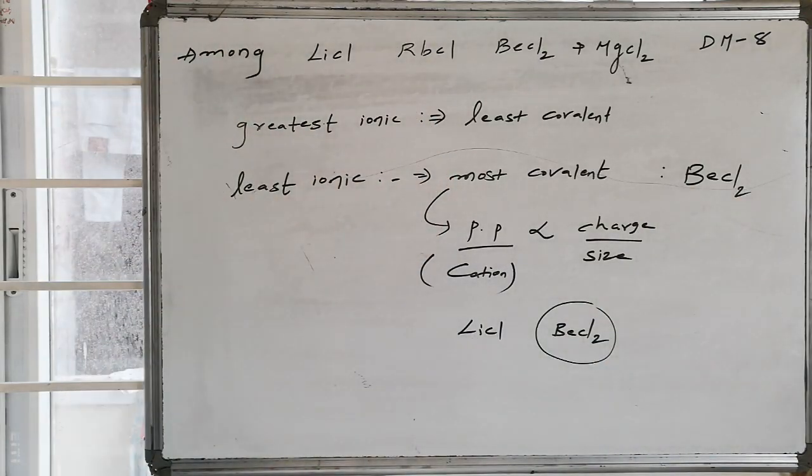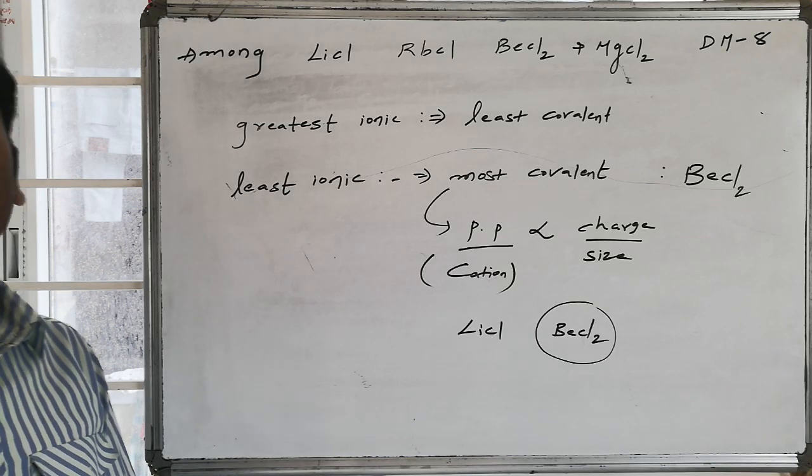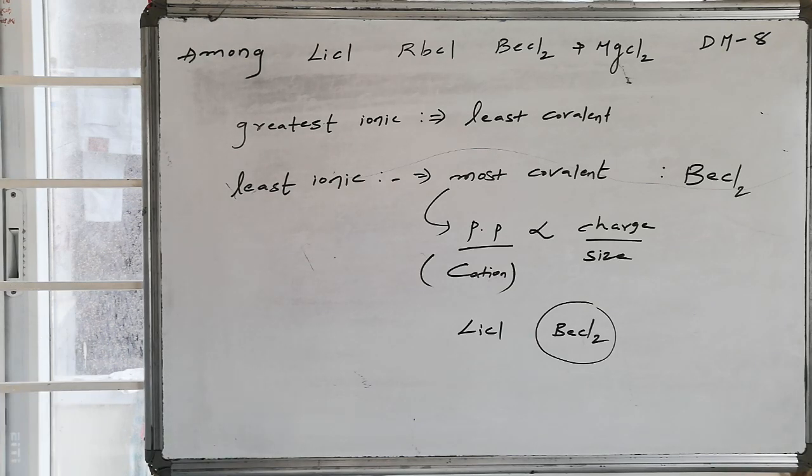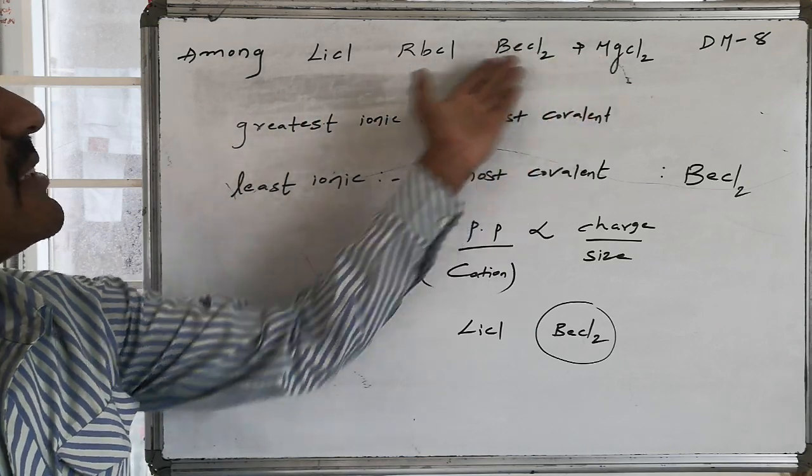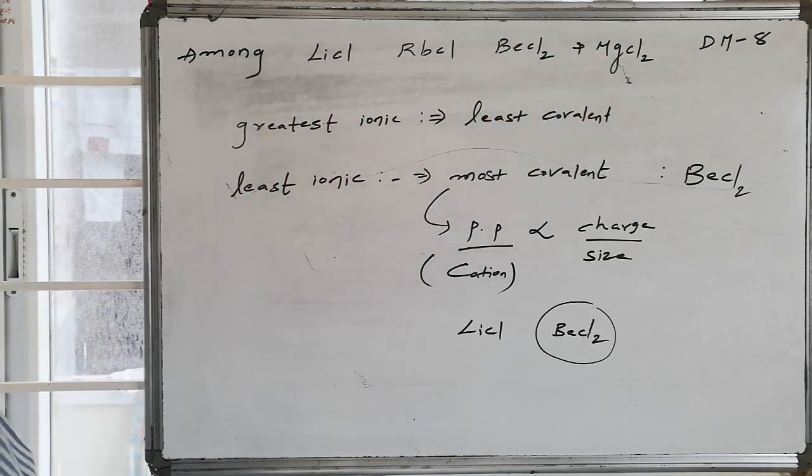If I go for least covalent, it is nothing but what? Lowest polarization power. Lowest polarization power is associated with the highest size as well as the least charge. Highest size is present for, one is here in this case magnesium, other is what? Rubidium. Whereas rubidium has 1 unit charge, magnesium has 2 units charge.